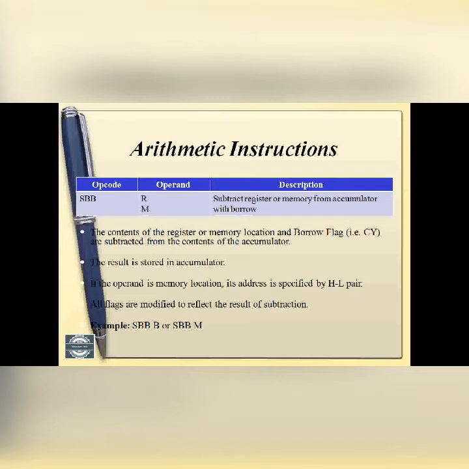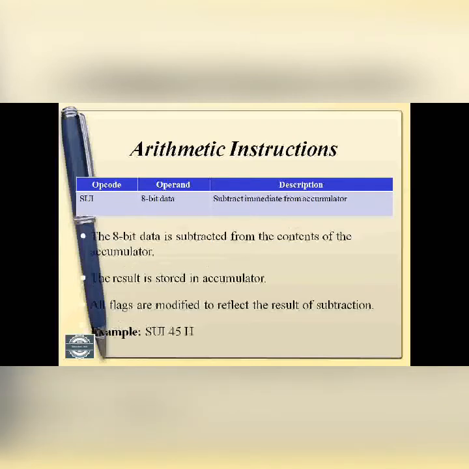So again I am telling you that just like add, the subtraction also has several forms. So SUI, once again, subtract immediate from the accumulator. It will do the immediate operation. Before the next one, SUI 45H is an example of SUI. That means the value will be subtracted immediately from the accumulator. Now the next one, that is SBI.